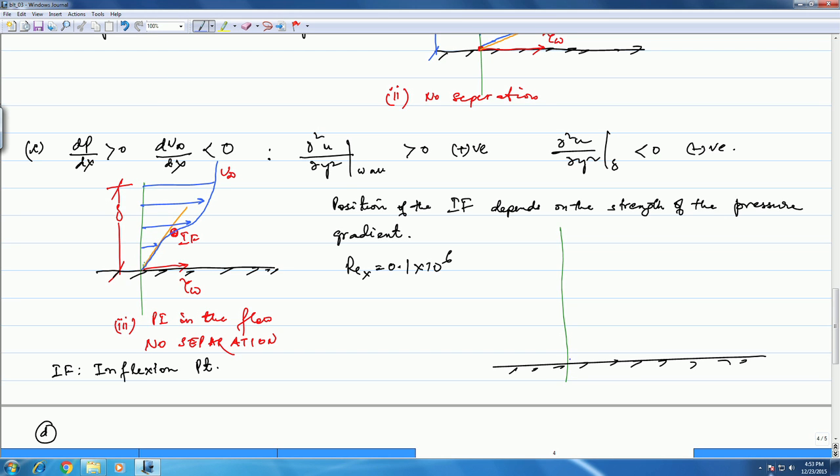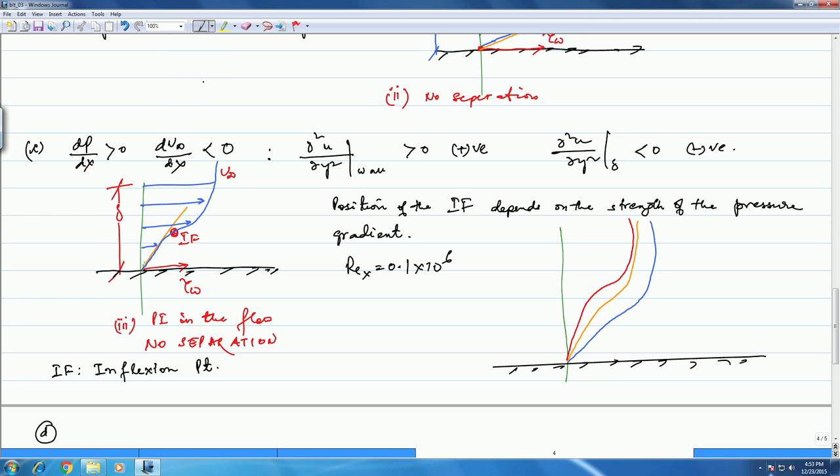One is of course this, I have one plot like this, I could have this, and so on and so forth.